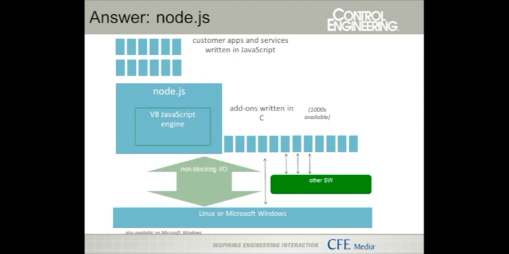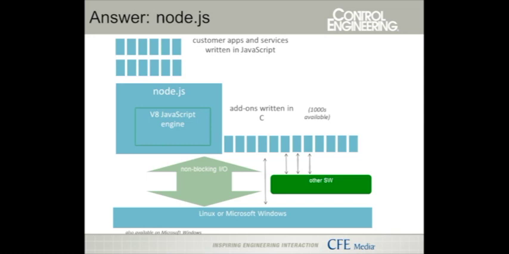What Node.js does is take the JavaScript engine that's inside your browser, and connect it to a non-blocking I/O subsystem that allows for plugins that are written in C. So now you can have interfaces to lots of back-end software on a server, or in the case of a robot, it can talk to a robot arm. And you have to have somebody specialized in C programming to do the device or server-side stuff, the detailed back-end stuff, but all the business apps, all the business logic can be written in JavaScript.